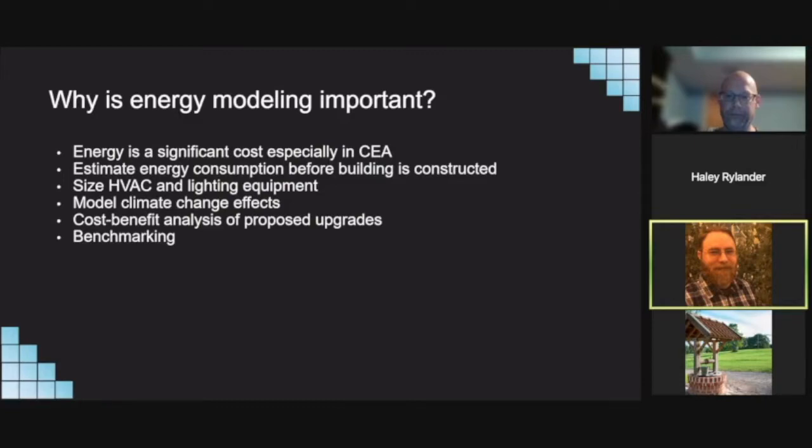You can model what that would look like in terms of energy use and cost and payback time. And if you have enough information from multiple operations, you could also do benchmarking to see how you compare to others. This is very common in the commercial energy sector for buildings like hospitals and grocery stores.